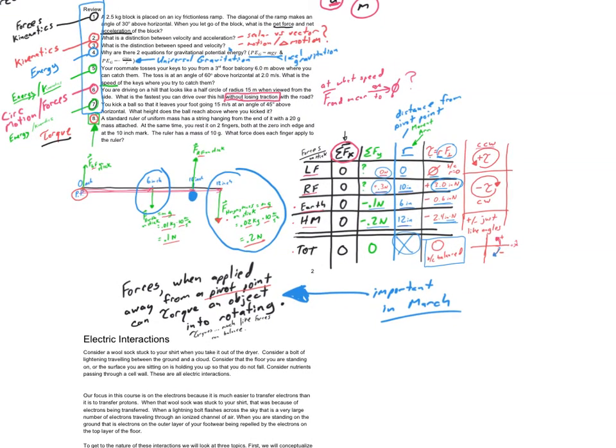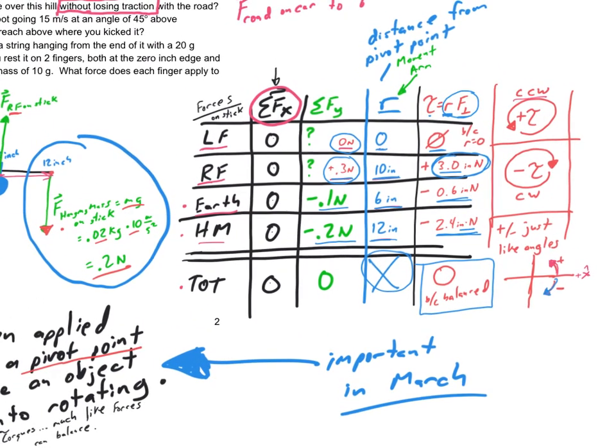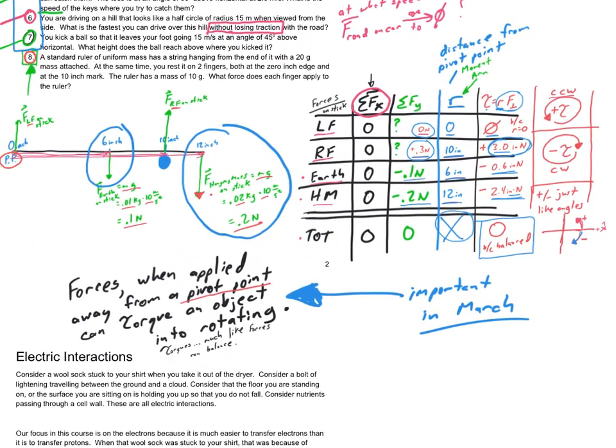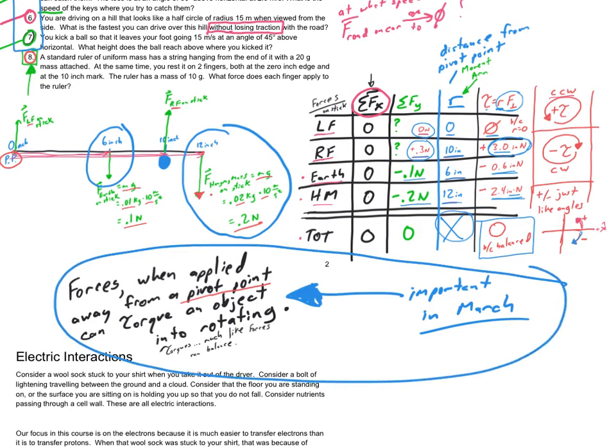There's a lot of math that I put in here and a lot of organization going on in there. I won't be needing you to do all this math. What I will be needing you to do is to understand this right here. Okay? What's going to be important when we get to the magnetism unit in March is this idea of forces being applied away from the center of mass.